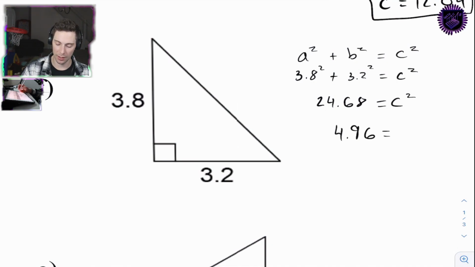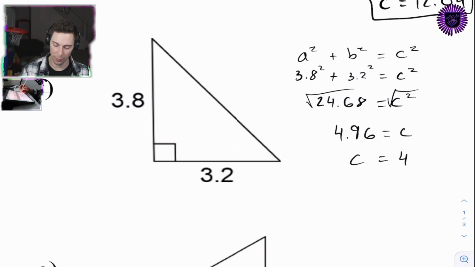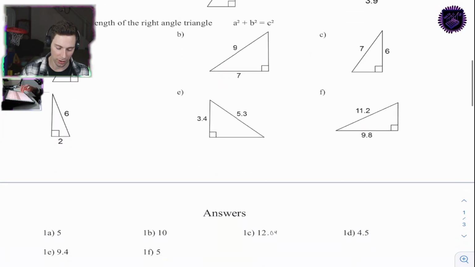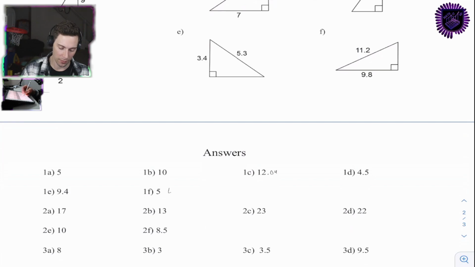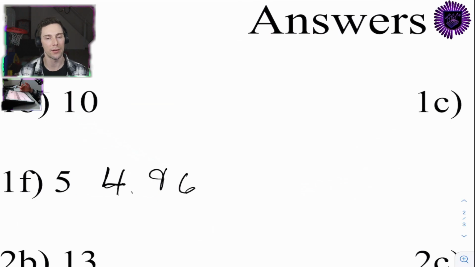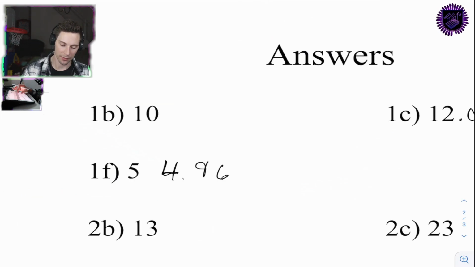And we're going to round that up; that is equal to C. We did our square roots and found C is equal to 4.96. That might round up to 5. So let's see if 1F is 5 on our answer chart here. 1F, yeah, 5. So again, it's rounding to the nearest tenth. So be aware of that.